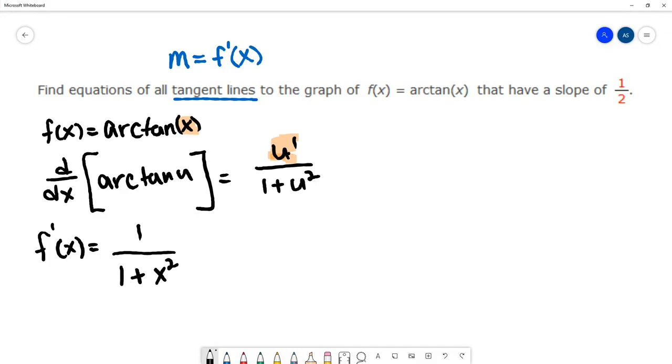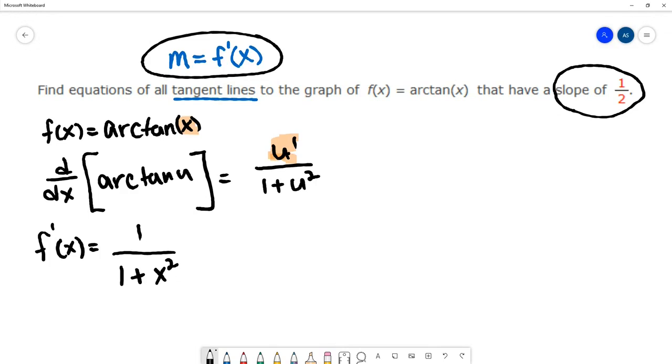Now we want equations of tangent lines that have a slope of 1/2. Remember that the slope is equal to the derivative, so I'm going to set my slope of 1/2 equal to the derivative that I just found, 1 over 1 plus x squared.